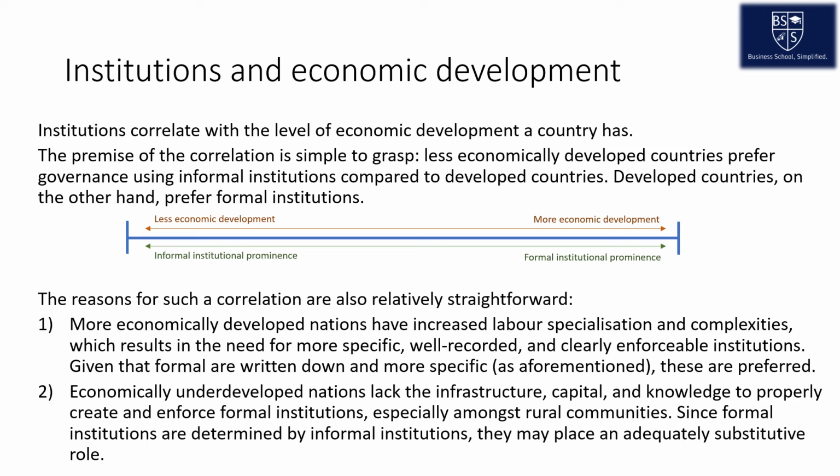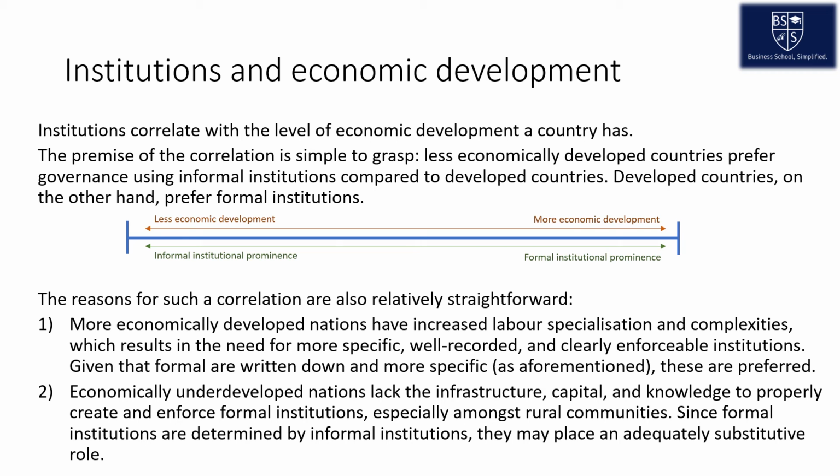Firstly, more economically developed nations have increased specialisation of labour and more complex ways of operating, which in turn requires more complex and specific institutions that reflect this complexity, of which formal is the most appropriate.